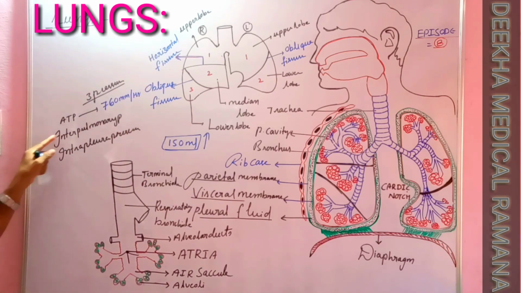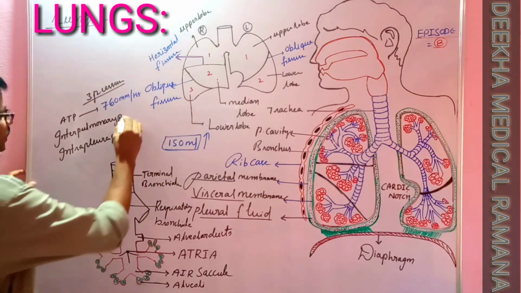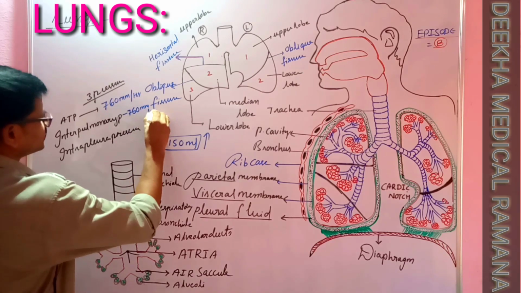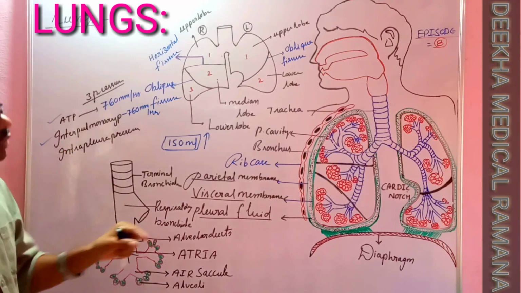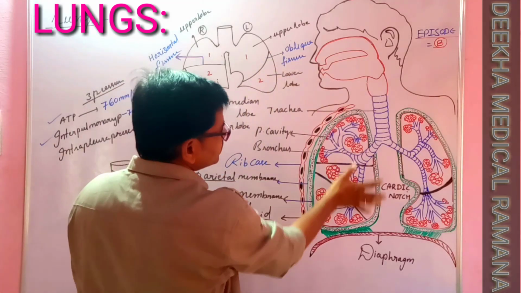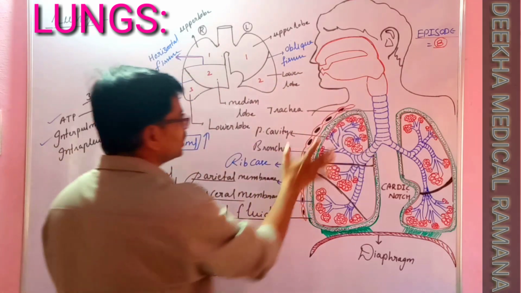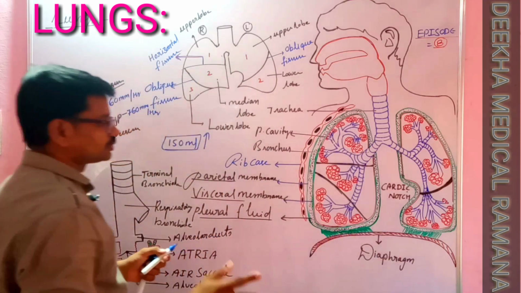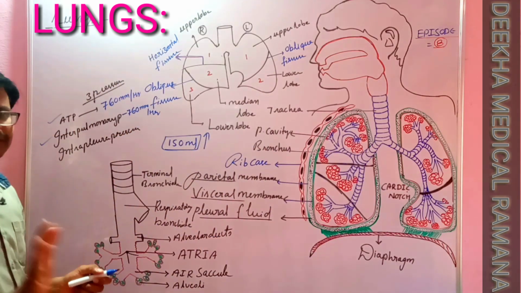The interpulmonary pressure depends on the atmospheric pressure, so we take it as 760 mm of Hg, because whenever the atmospheric pressure is equal to the interalveolar pressure, there is no exchange of gases, no inhalation or exhalation, because both the atmospheric pressure and the interpulmonary pressure are equal, so there is no pressure difference.